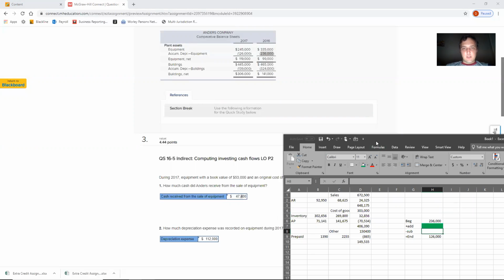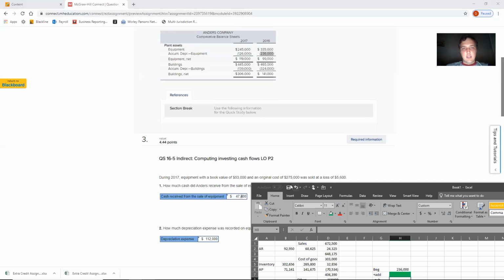And we know that this equipment had 275,000 with a book value of 53.